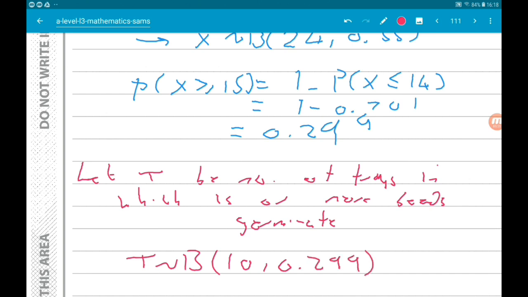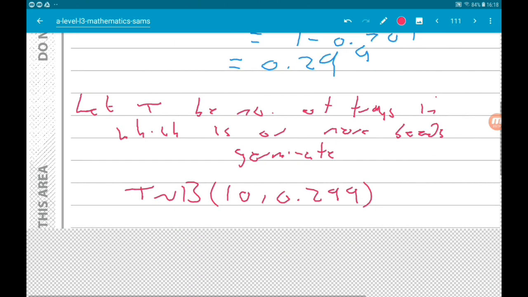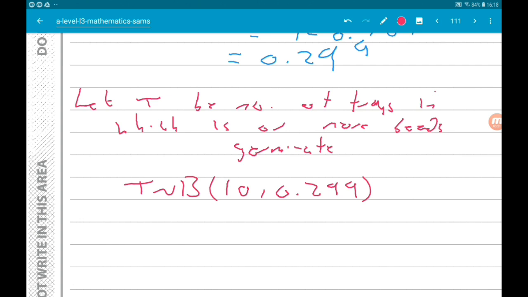Okay, now then, they said we want the probability that at least half the trays do what we want them to do. So, the probability that T is greater than or equal to 5 is 1 minus the probability T is less than or equal to 4.